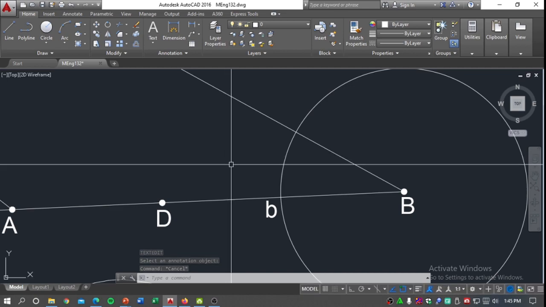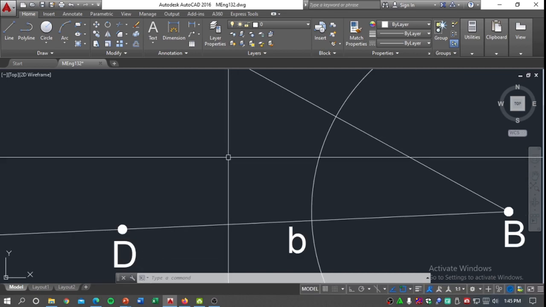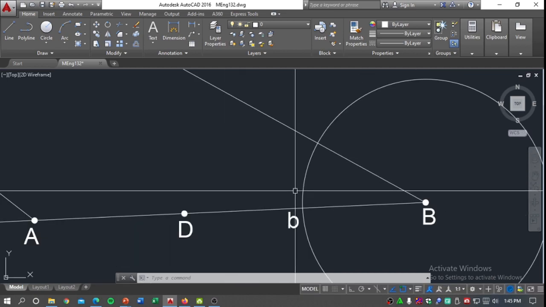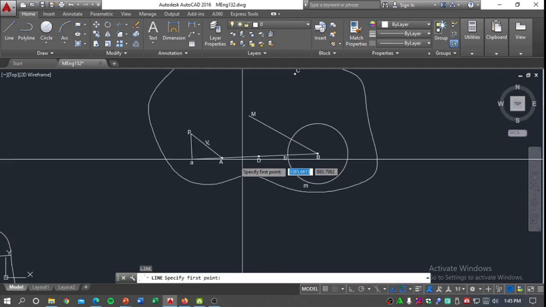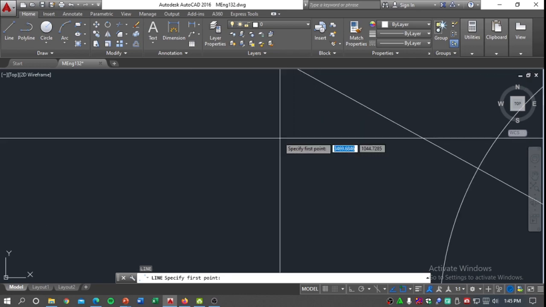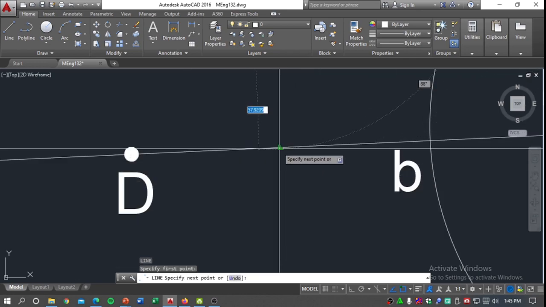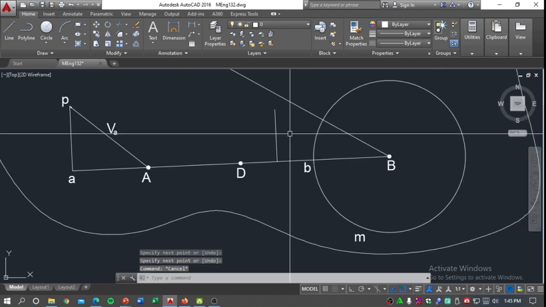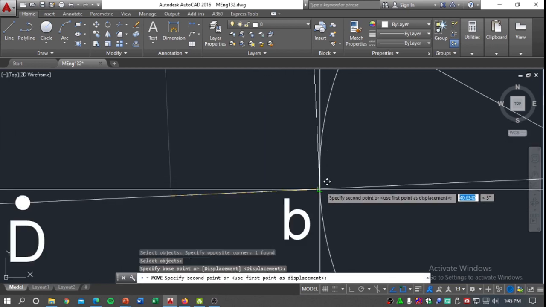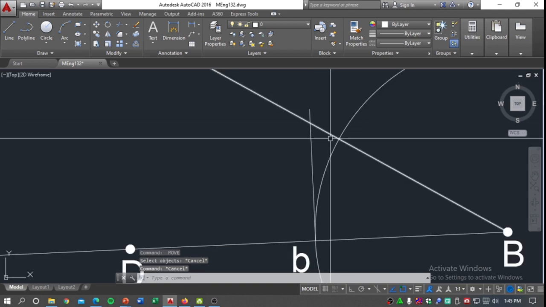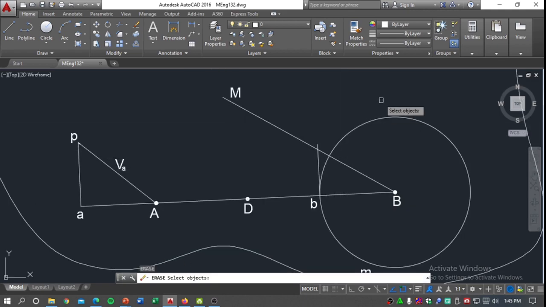What we're going to do next is draw a line perpendicular to this line, just like what we've done with the velocity vector VA. Then we transfer this to point B and intersect it.